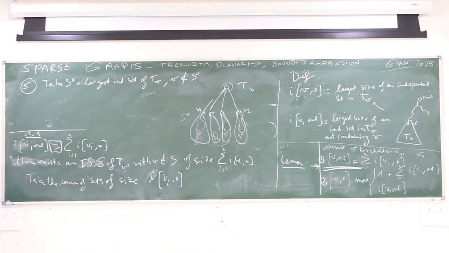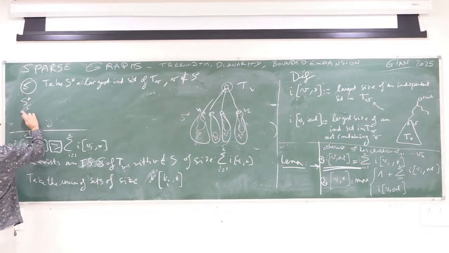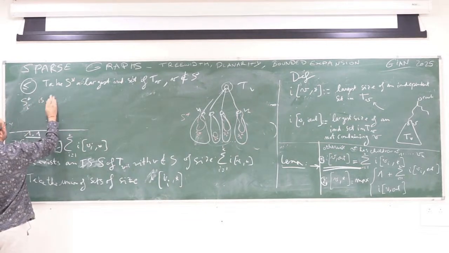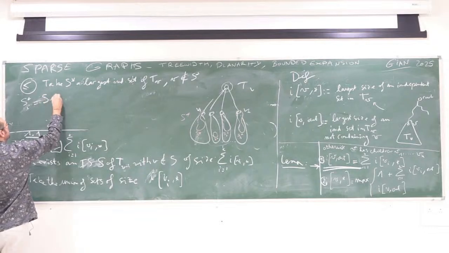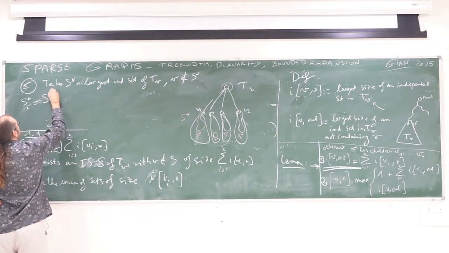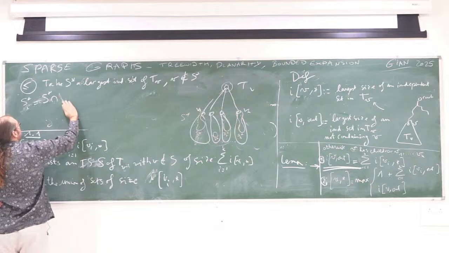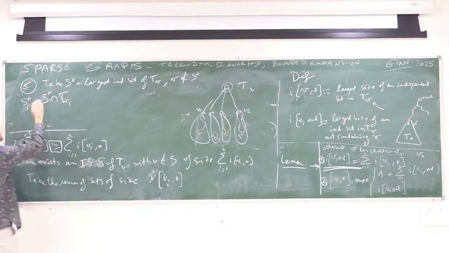Each of them is an independent set of the subtree, so it cannot be larger than that by definition. This is the intersection of S star with the subtree T_{V_i}.